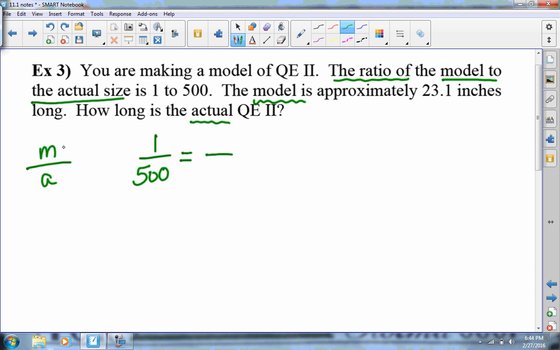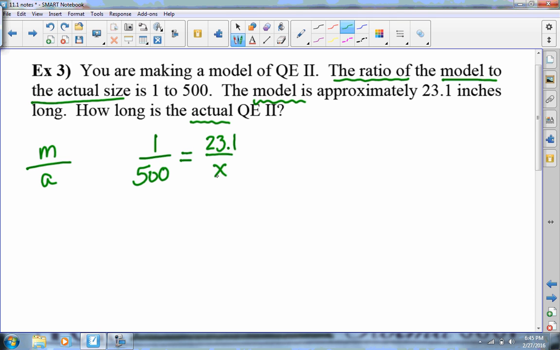And again, we're following this order here, where the numerator is the model and the denominator is the actual. So in my numerator, the model is 23.1, so I'm going to put 23.1 here. The model goes in the numerator. And then how long is the actual? We don't know, so that's where I'll put my variable. That's what I'm finding.